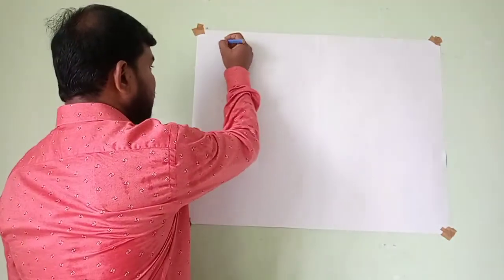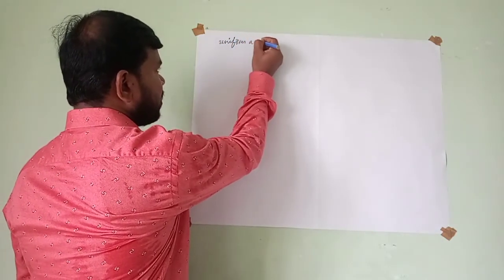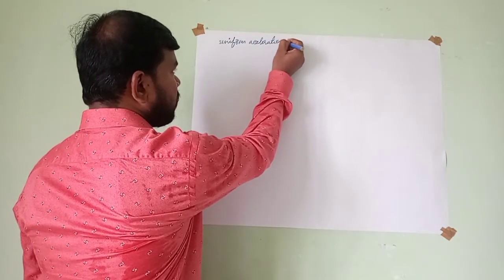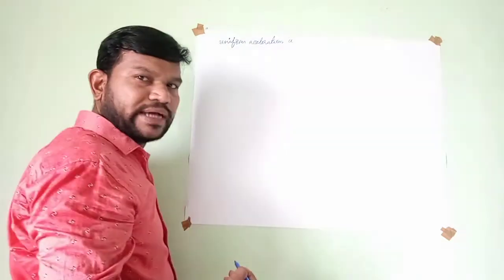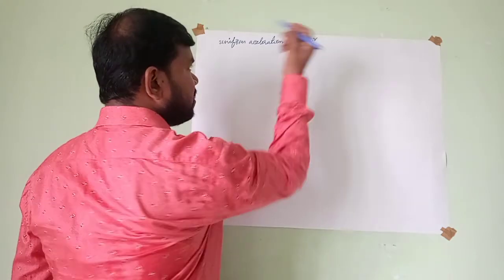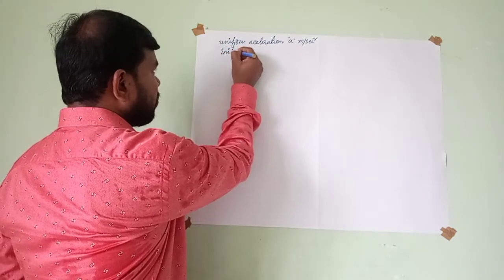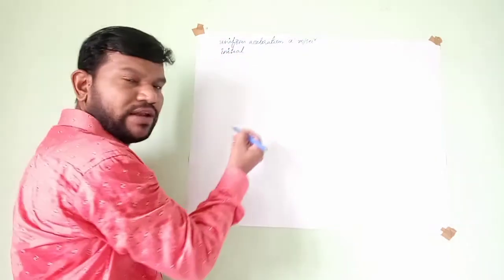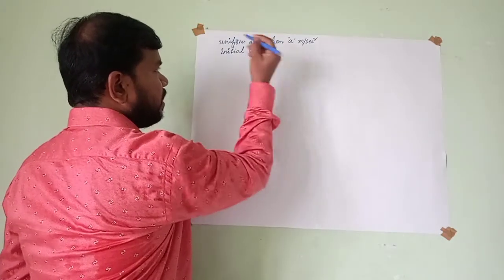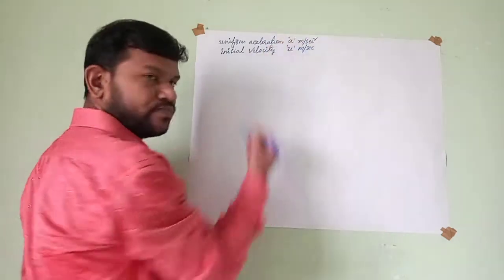What we said: let us consider a body having uniform acceleration a. The SI unit of acceleration is meter per second squared. Initial velocity is u meter per second.